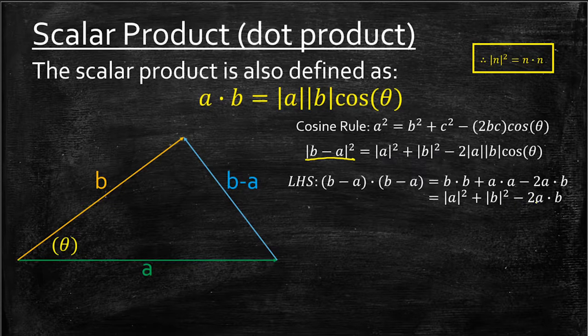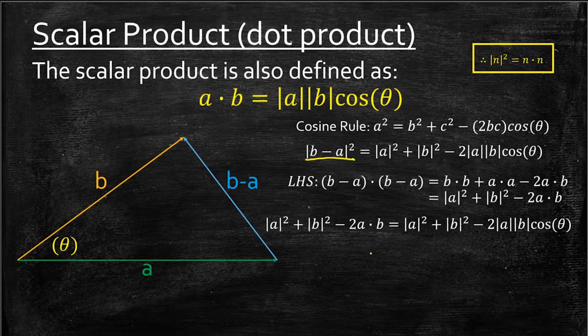So I'm going to plug this into our original equation now. When I do that, we have the modulus of a squared plus the modulus of b squared minus 2a dot b, is that result there, equals the right-hand side, the side we didn't change.